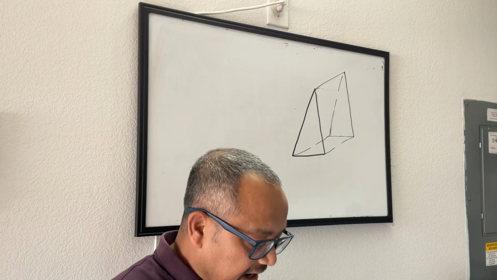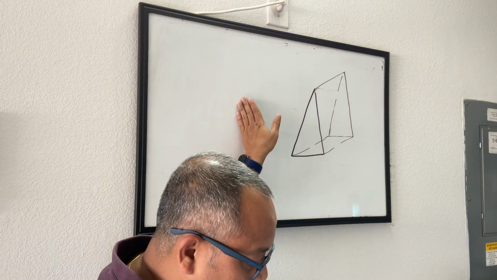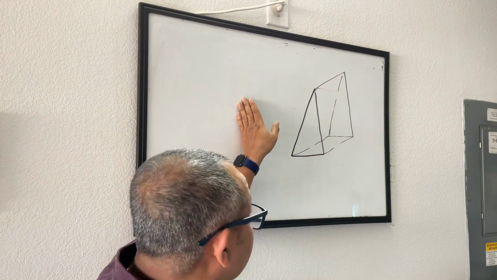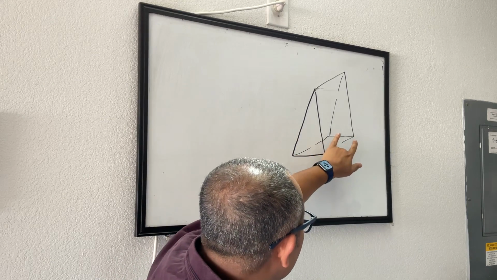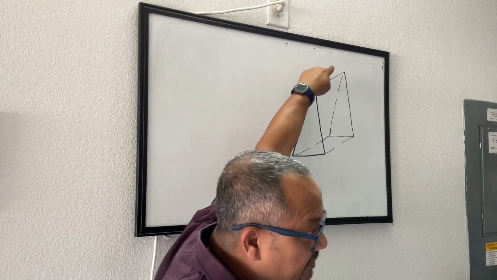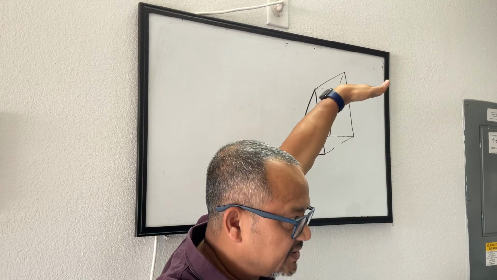So what you are seeing here is, at the bottom you have a rectangle, at the top it tapers to become a thin line.